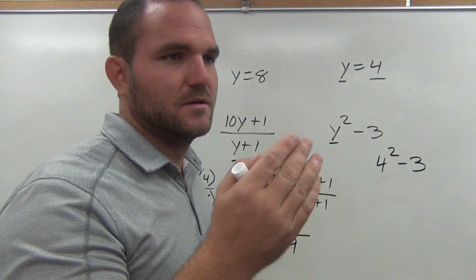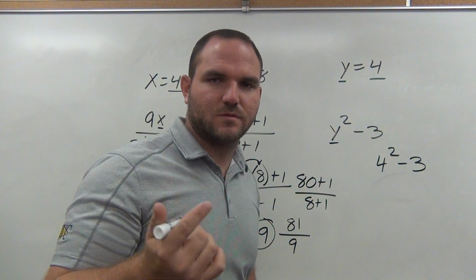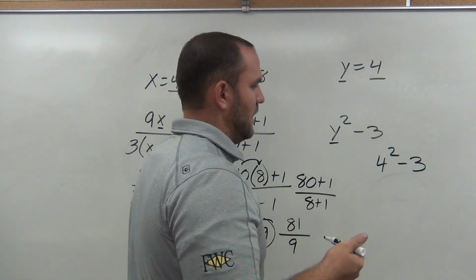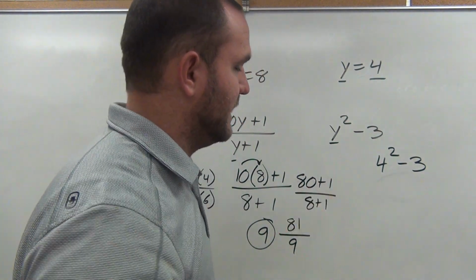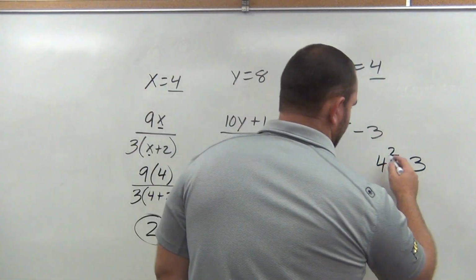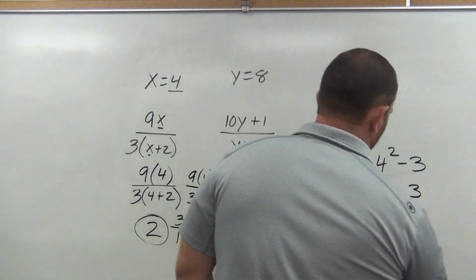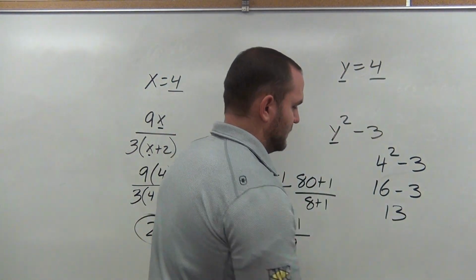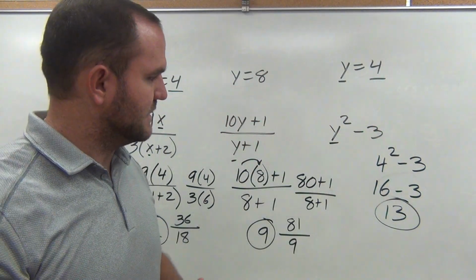But remember, we're changing it up a little bit, and when we get into more problems, we'll talk about it some more. For right now, we're going through exponents first. Then our last step here is just 13. And so I'll circle my answer, get my single answer there.